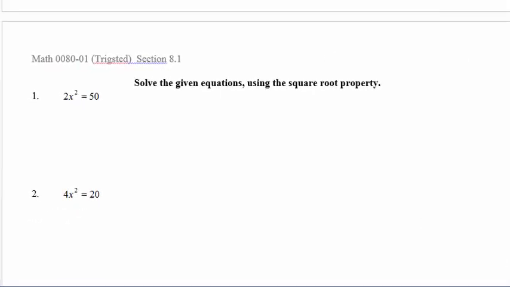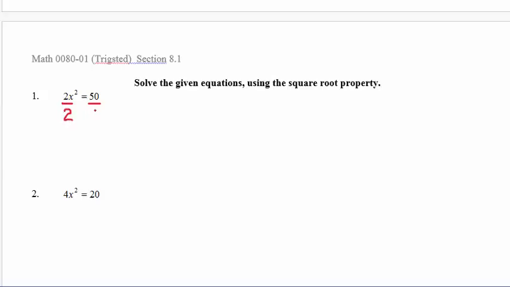If we want to solve 2x squared equals 50, we need to isolate what's being squared. Let's use these ideas to solve these equations. The only thing being squared here is the x.